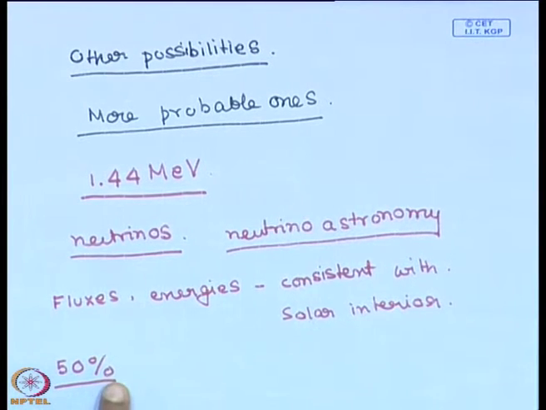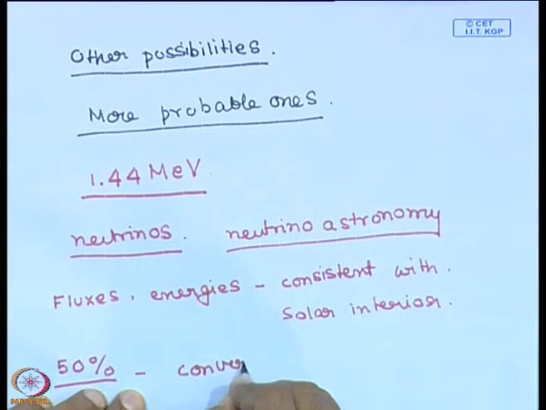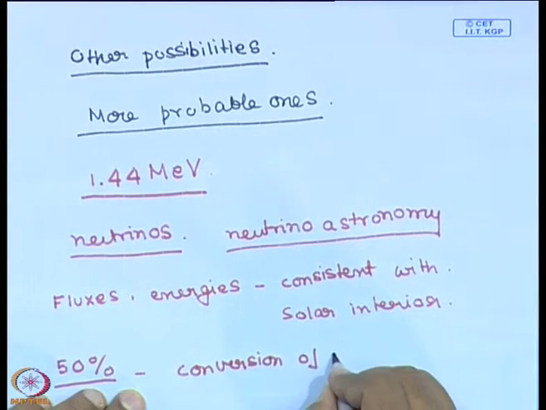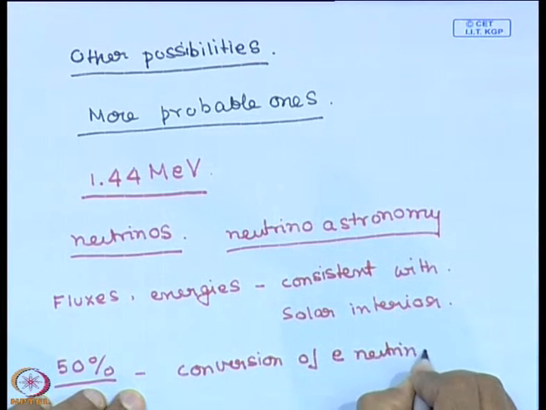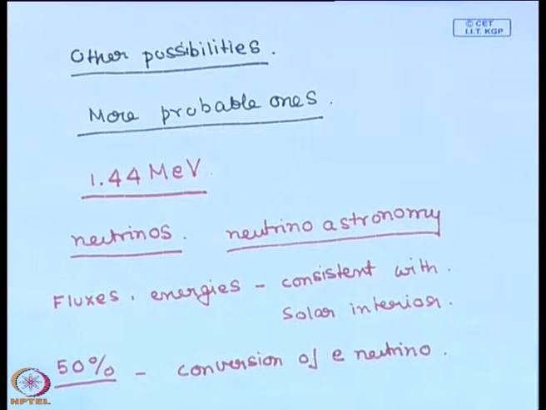This is now understood to be a result of the conversion of electron neutrino to other types. So, there are the mu and tau neutrino.